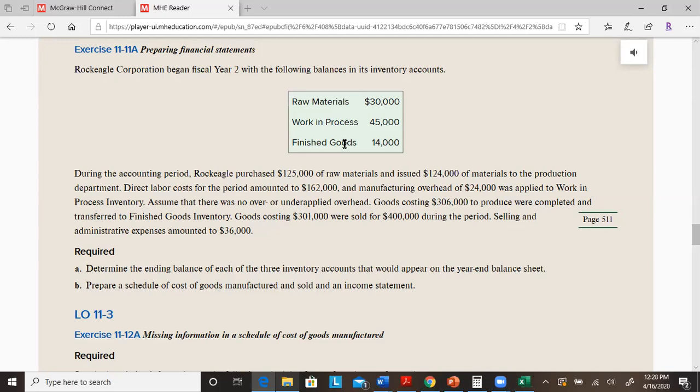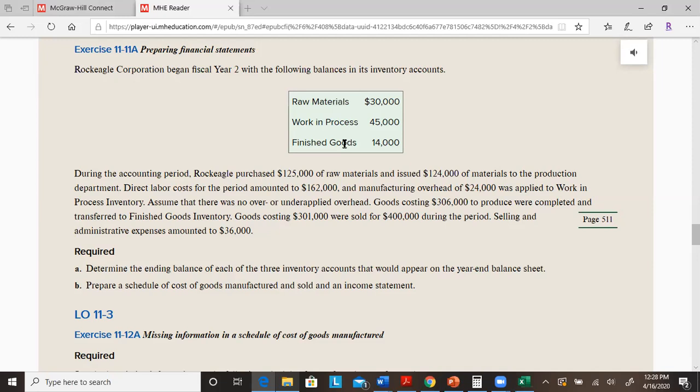Okay. During the accounting period, they purchased 125,000 of raw materials. Plus there, that's on the left side. And issued 124,000 of raw materials to the production department. So that means that 124,000 went from here to here.